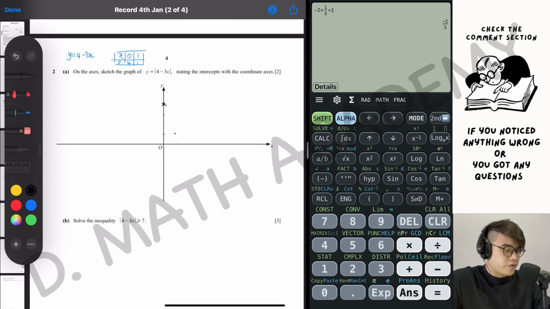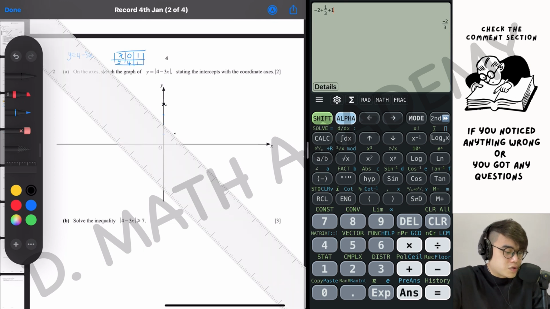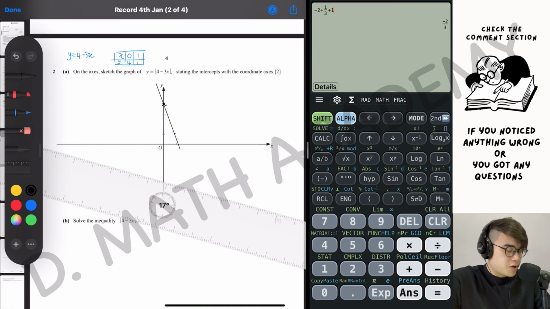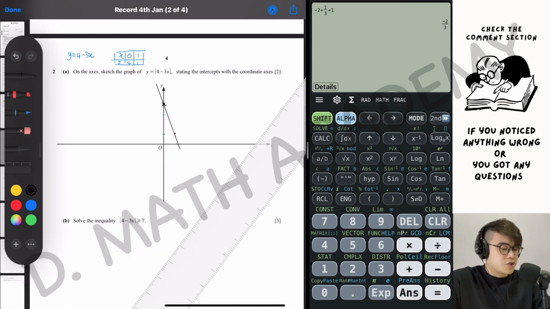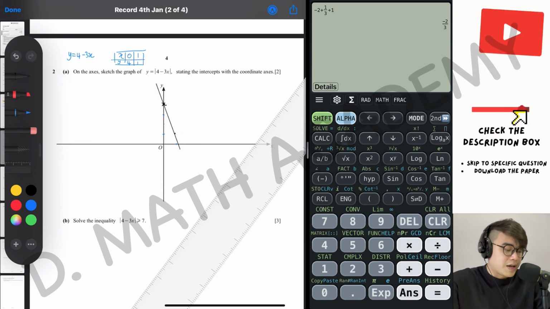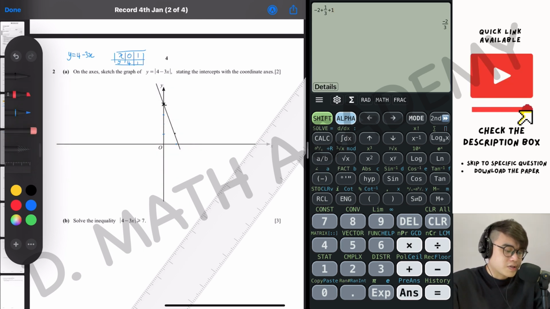With this, we can start to construct the graph where I join these 2 points together. Because it is a modulus function, they won't accept any value that is negative down here. So I erase this excess part, and then I'm required to reflect it.